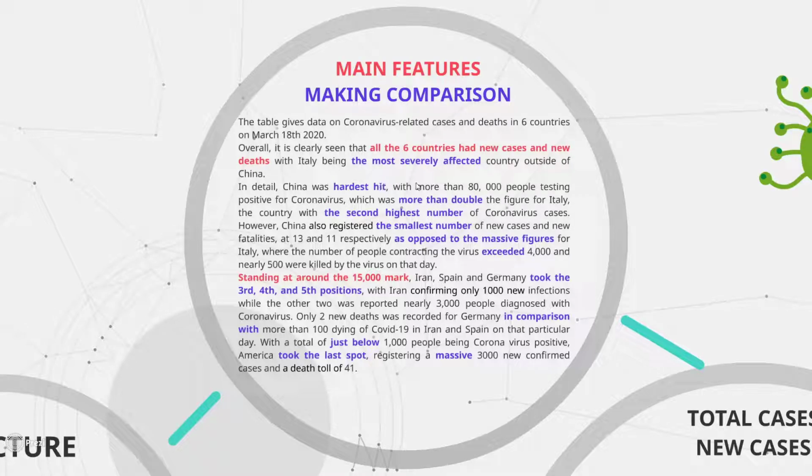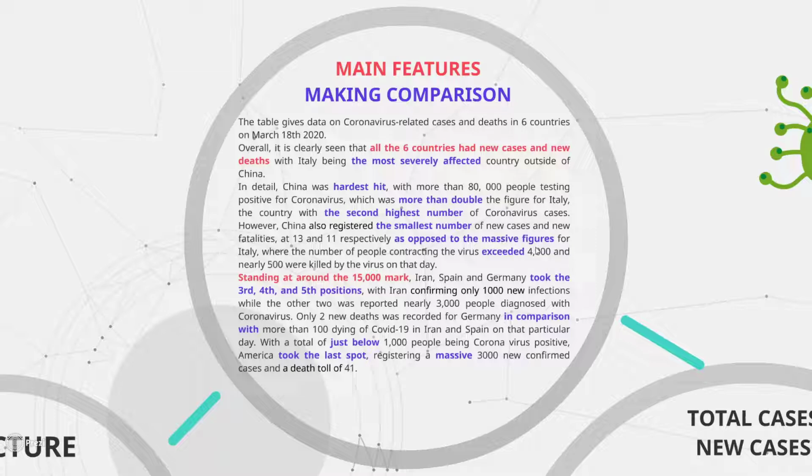China was hardest hit, and Italy was the most severely affected country outside China. Then I use phrases like more than double, the second highest number, the smallest number, as opposed to that is 13 and 11, very small number, as opposed to the massive figures.